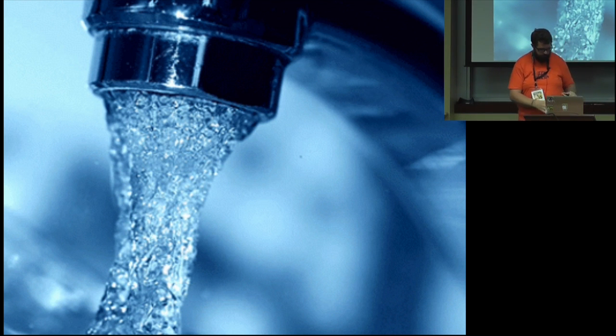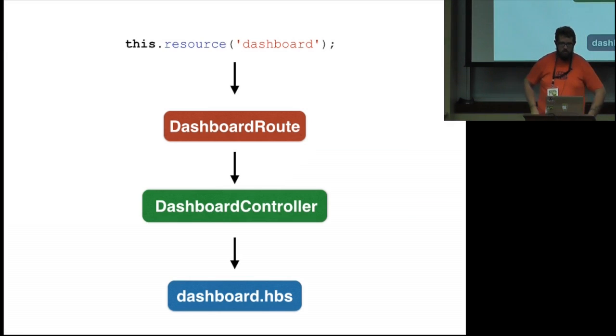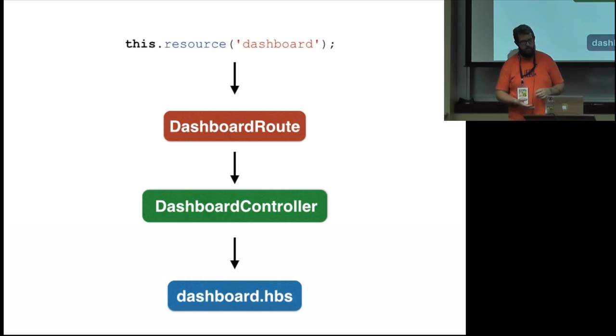All right, so we're winding down here. For any of my routes I define, I get a template, a controller, and a route. And what I really like about this is certain things go in certain places. All my markup and display stuff goes into my templates. Application state and handling user activities goes into my controller.